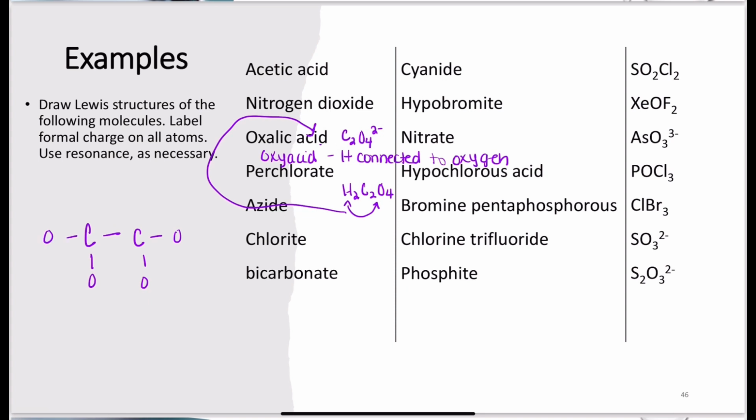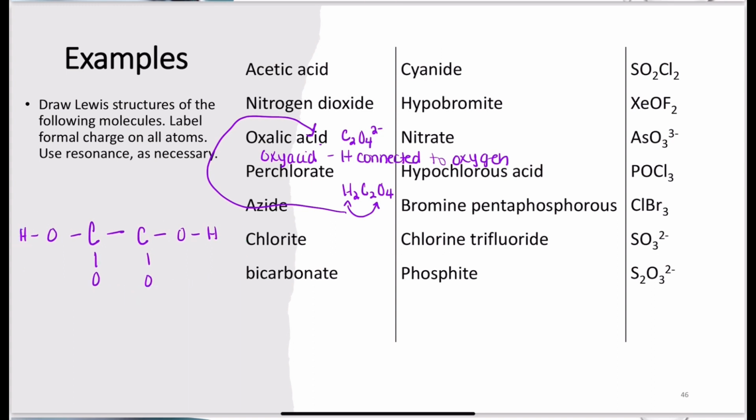How do I know all the oxygens are connected to the carbon? Carbon, there's 2 of them here, but they're going to be the central atoms because they're the least electronegative. Oxygen doesn't want to bond to itself. Carbon's fine bonding to itself. Carbon's also the least electronegative, so it's going to be in the center. There's 2 of them, so they both happen to be in the center, connected to the oxygens. And I know the hydrogens are connected to my oxygens as well, because again, this is an oxyacid. Move this over just a little bit.